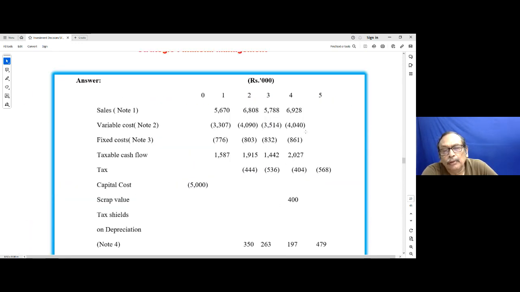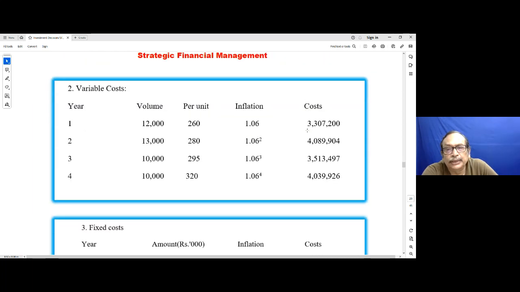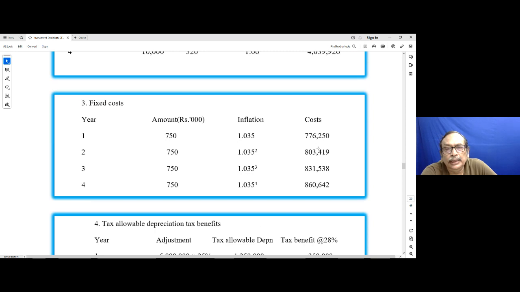So we are going to calculate the inflation adjusted fixed cost. The amount is the same since it is fixed cost, and fixed cost is fixed up to 100% activity level. And remember, there is no fixed cost in the long run. All costs tend to vary in the long run.